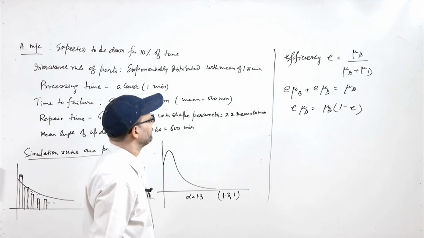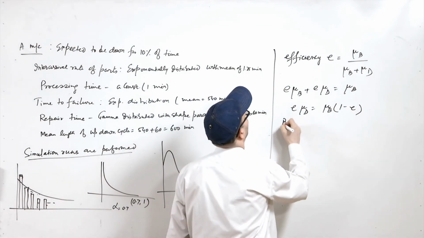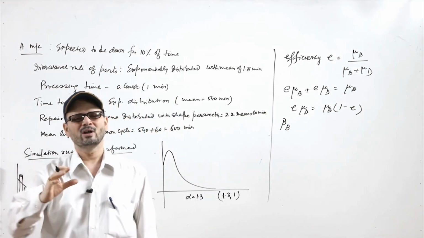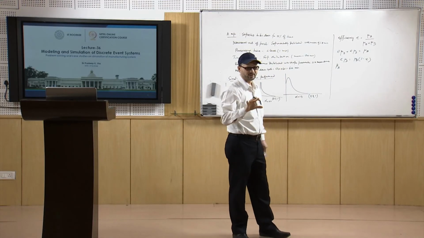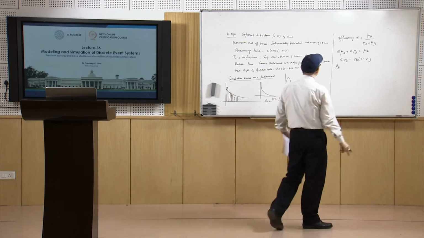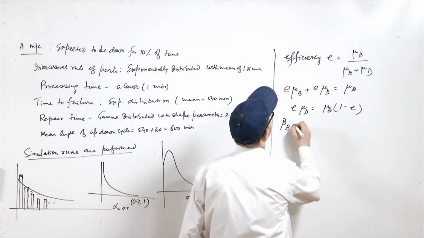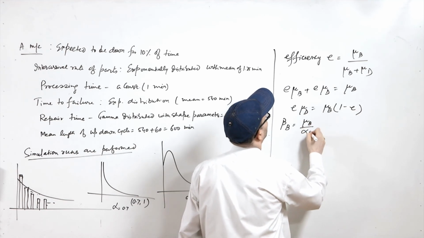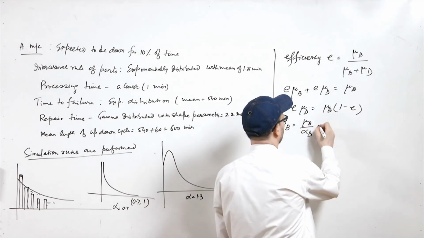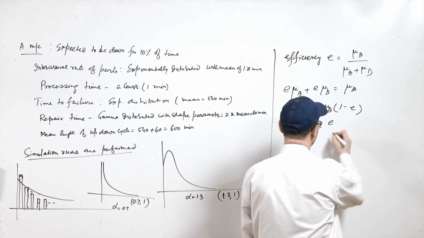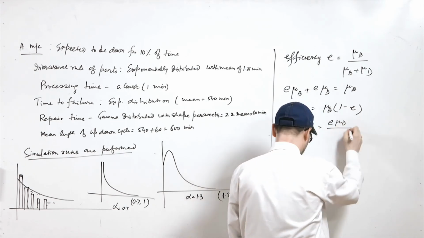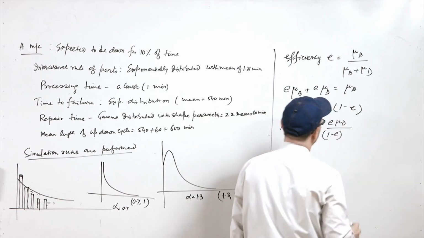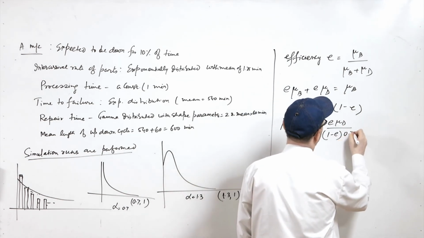So we can get beta B. We wanted this beta parameter because, once we know the mean, it is alpha B into beta B. So we can get beta B as mu B by alpha B. Once we know mu B and alpha B, it will be E raised to mu D divided by 1 minus E, into 0.7.